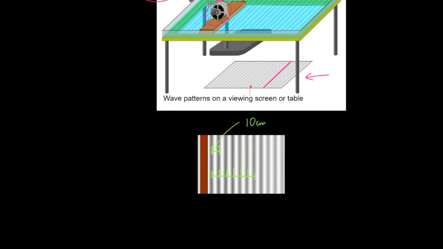That is, after all, what frequency is. Because remember, frequency is waves passing a point every second. Now, depending on the exact setting of your paddle and how much it's vibrating, that might be too fast. You might struggle to see that.